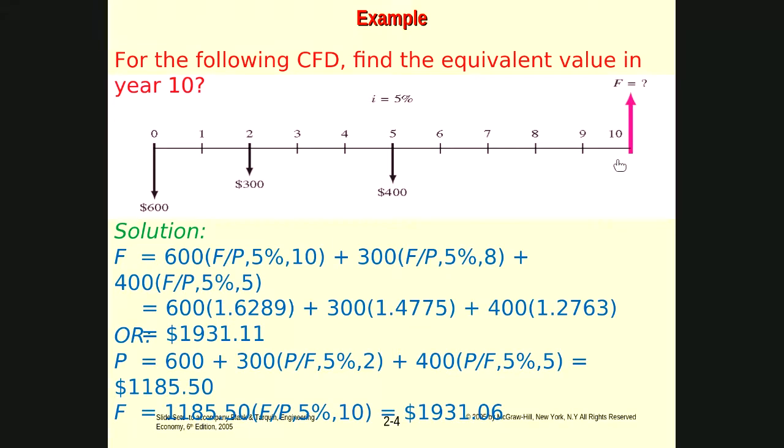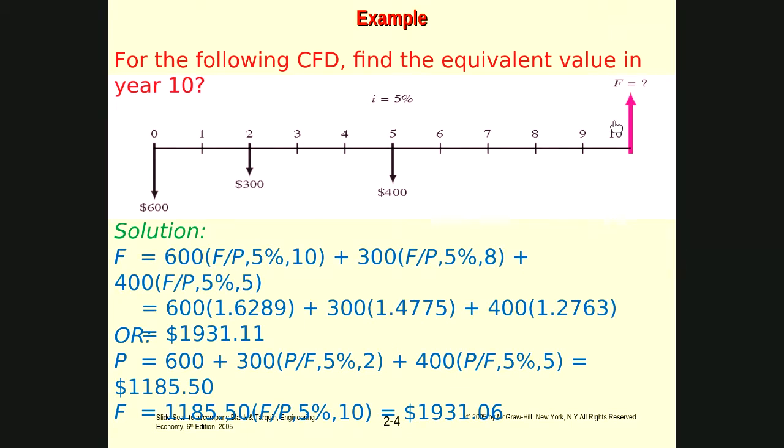This is exactly what you are trying to do here. With the given interest rate, you want to find the value of the 600 at year 10, and also the 300 and the 400 from year 5, all at year 10, and then you can add them together.